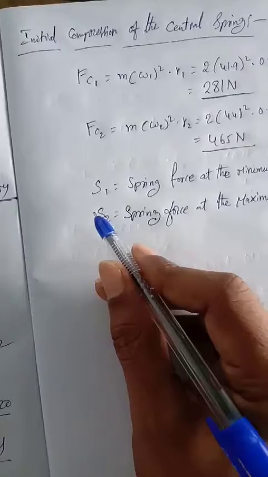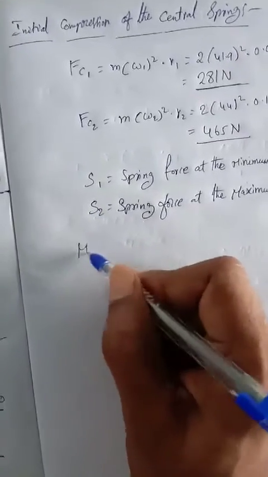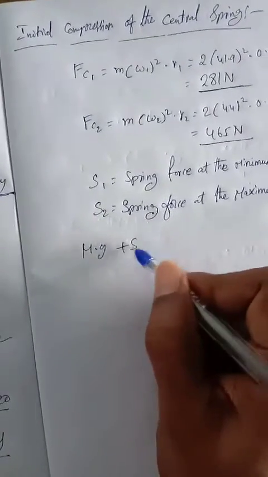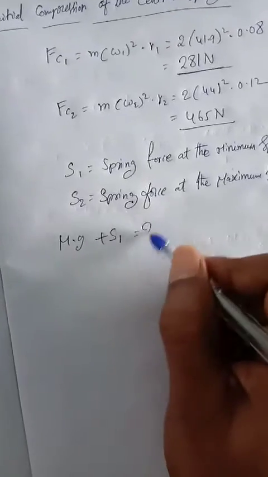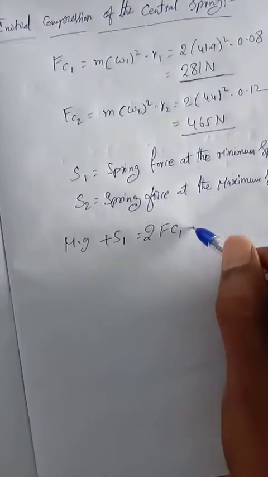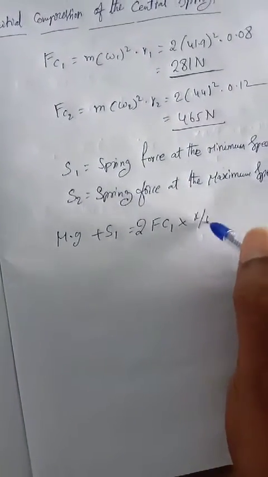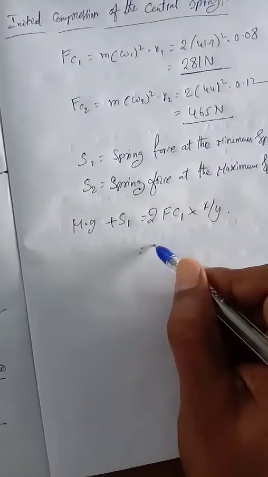So we know that for minimum position, m into g plus S1 divided by 2 is equal to Fc1 into x divided by y. This is the standard equation.